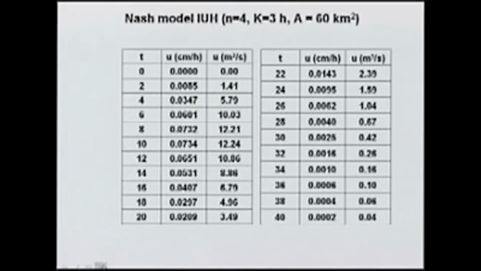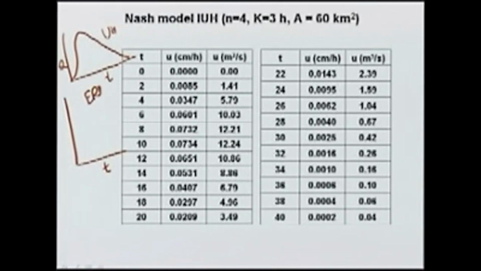We have seen some of the methods. For example, we have seen the Nash model, in which the instantaneous unit hydrograph, T versus Q, the effective rainfall which causes this instantaneous unit hydrograph is a rainfall of very high intensity and very small duration.